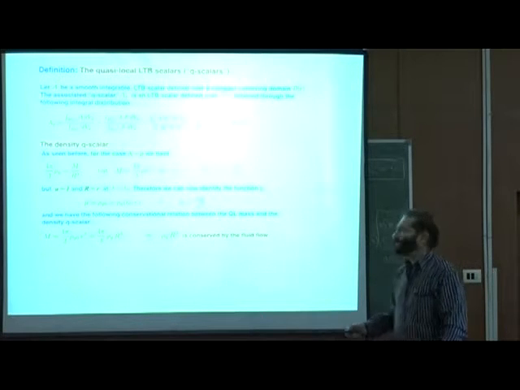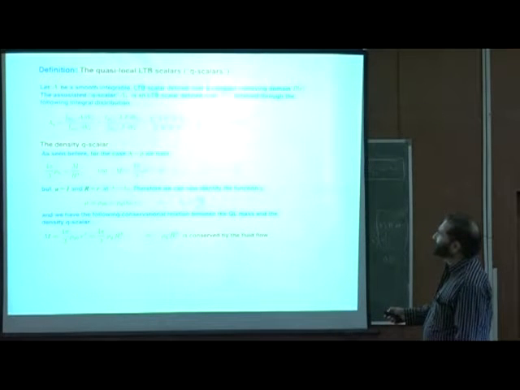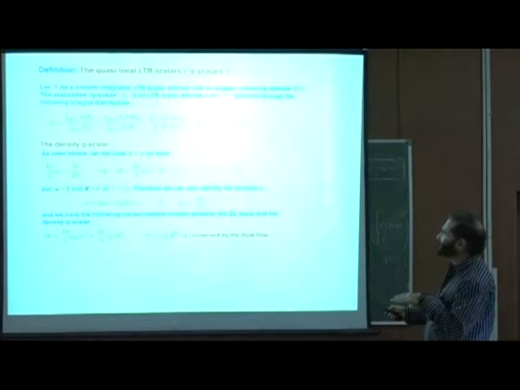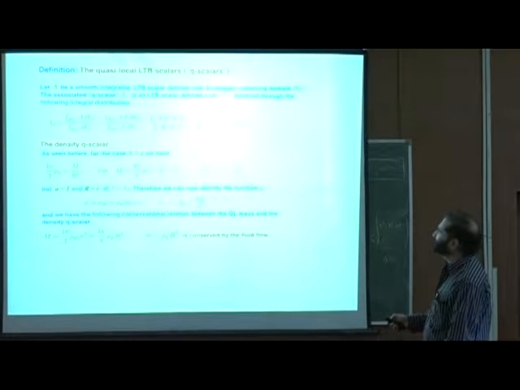And therefore, we can write rho q as rho q0, which is rho q evaluated at the initial slice, divided by this scale factor. This is the key issue.